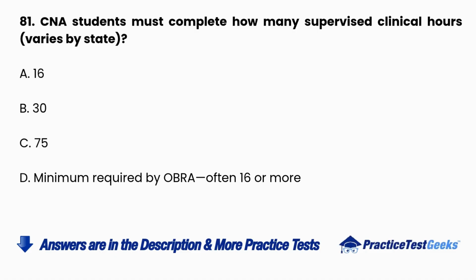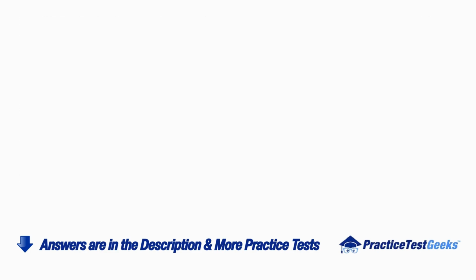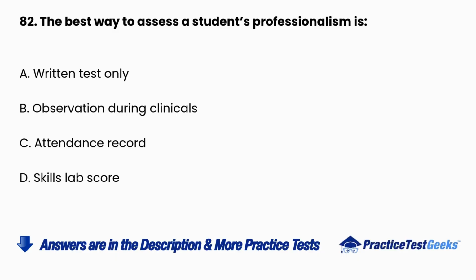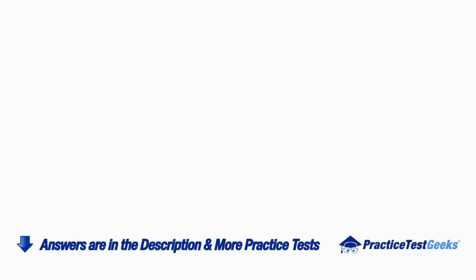B. 30. C. 75. D. Minimum required by OBRA, often 16 or more. 82. The best way to assess a student's professionalism is A. Written test only. B. Observation during clinicals. C. Attendance record. D. Skills lab score.